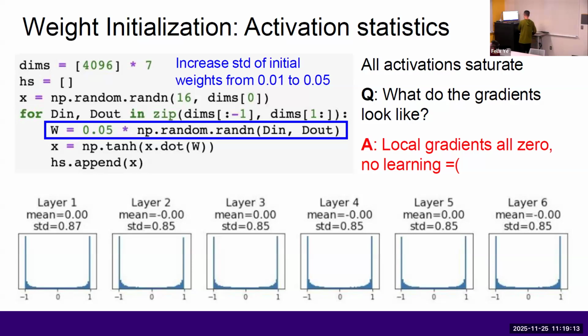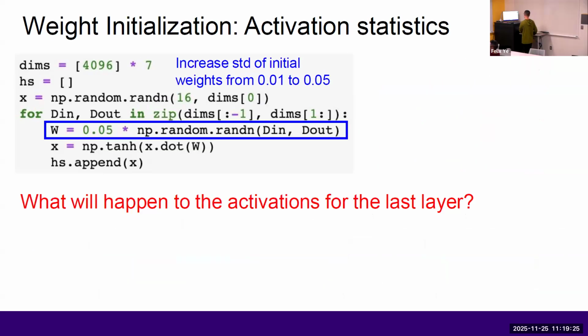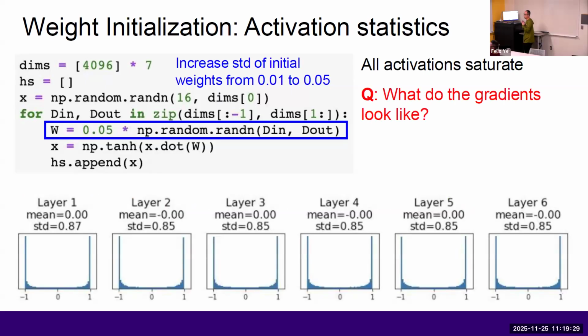So here the values tend to go to 0, so there's no variance. When we increase the W, all the neurons become saturated, and there is also no learning at all.